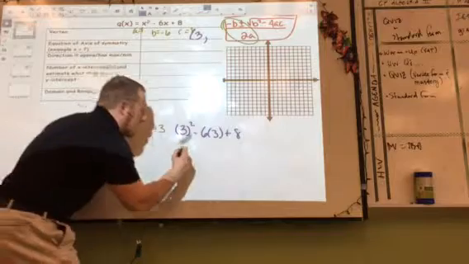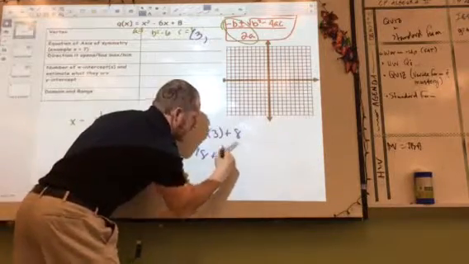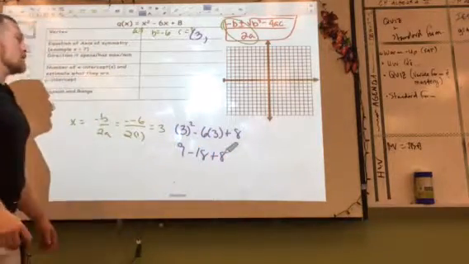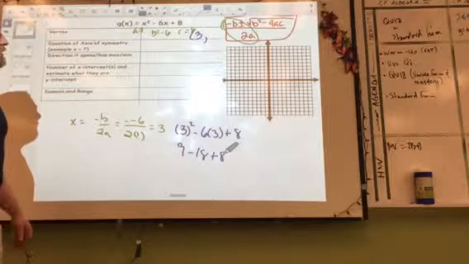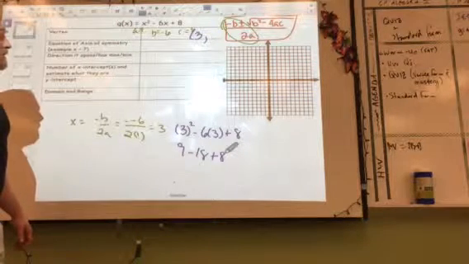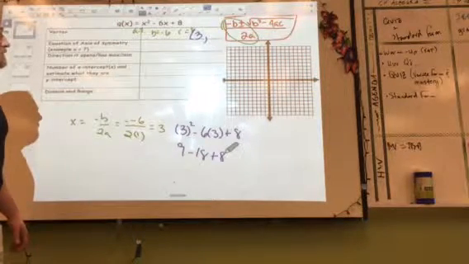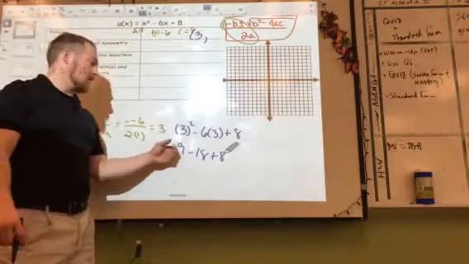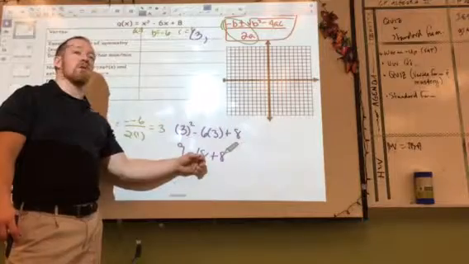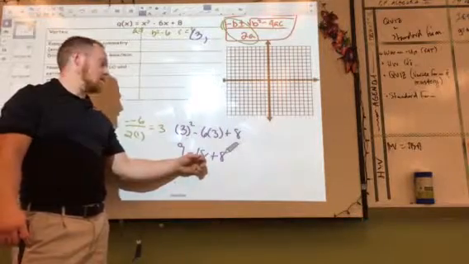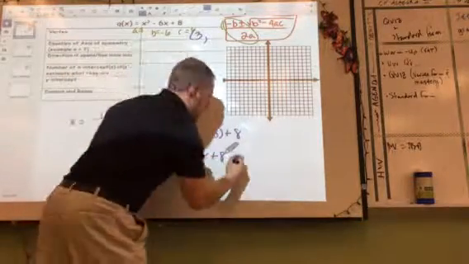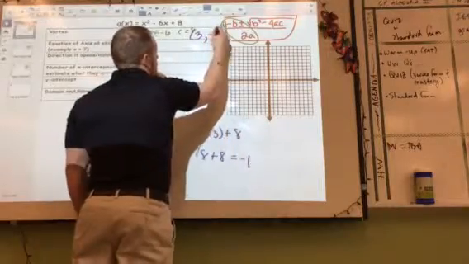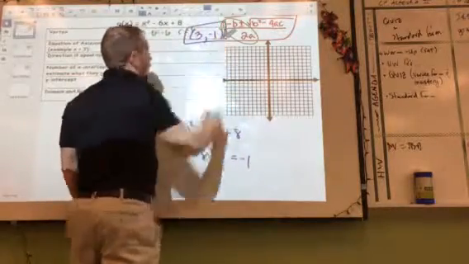So that's going to be 9 minus 18 plus 8, which is what? 5. Did I do something wrong? Looks right. Oh no, yeah, you're right. I'm wrong. So 9 minus 18 is -9, plus 8 is -1. So there are the coordinates of my vertex.